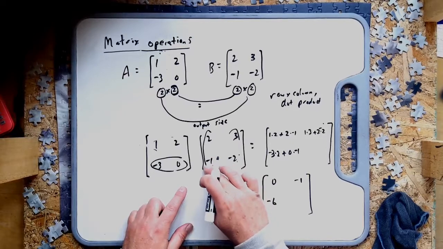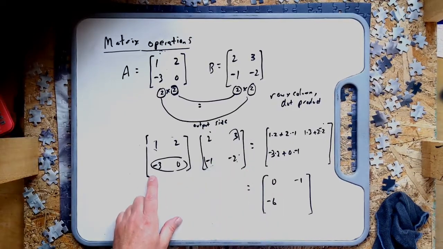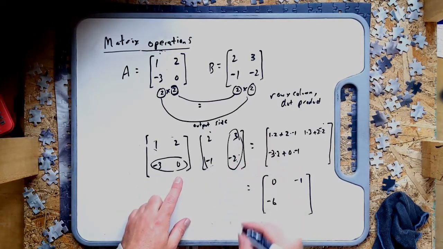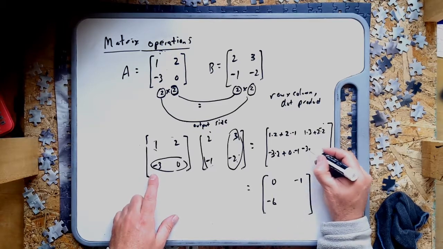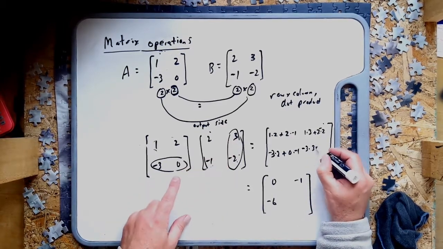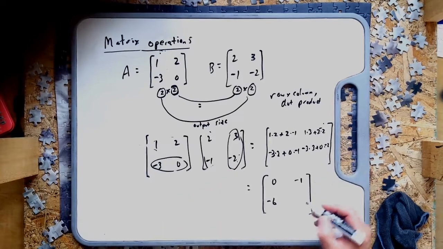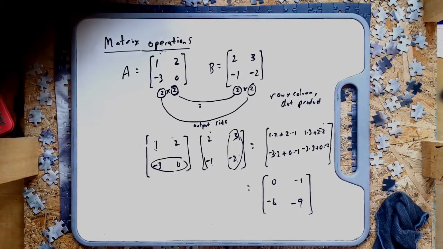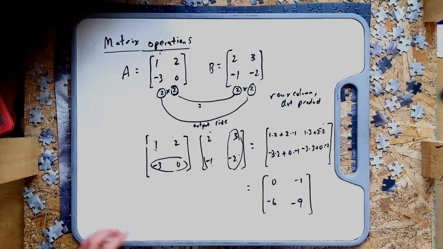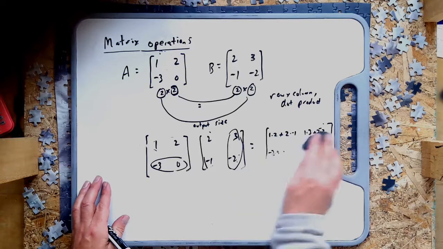And then finally, the last element comes from second row times second column. Negative 3 times 3 plus 0 times negative 2, or negative 9. And there is my output: 0, negative 1, negative 6, negative 9.